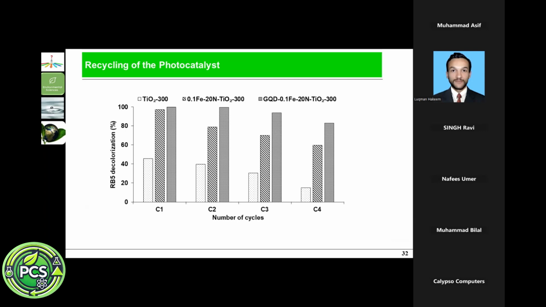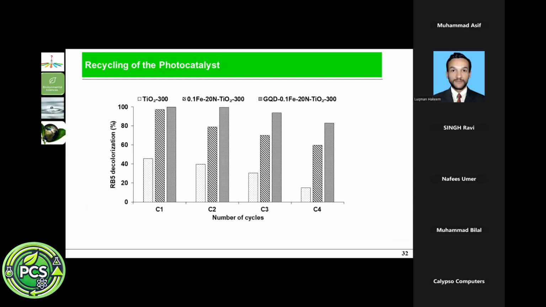But we think the material may lose its shape on the way. It may lose its stability on the way when we use and regenerate it, giving different structures. Okay, so maybe we do have some characterizations before and after the cycles. Do we have?